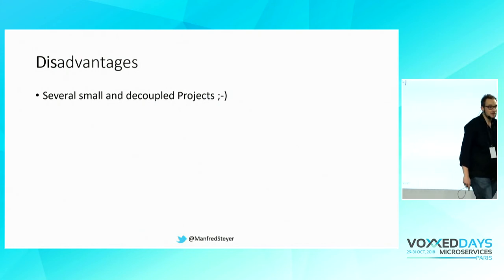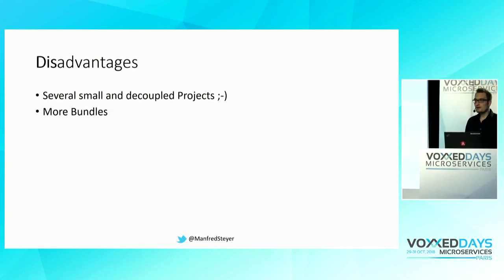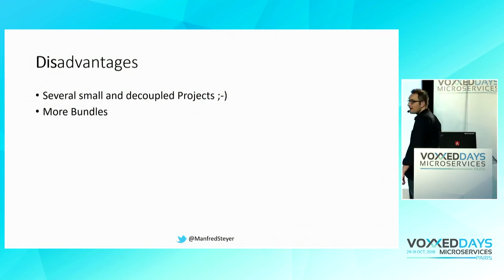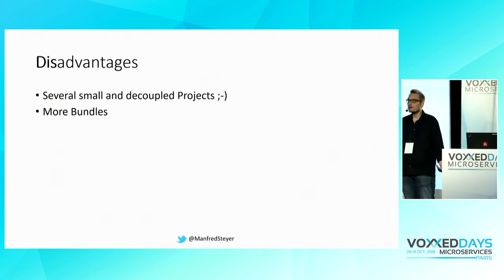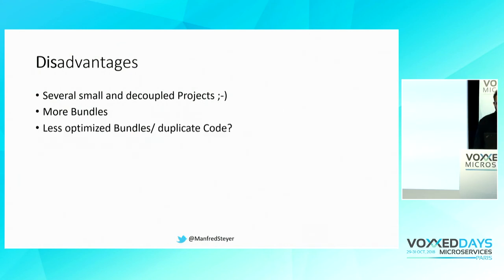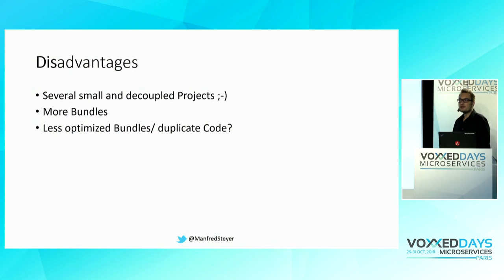Why is this a disadvantage? Well, we have more bundles to download. And when it comes to browser-based applications, bundle size and the amount of bundles really matters. It matters for your application performance. The bundles are less optimized, and perhaps you have duplicate code.